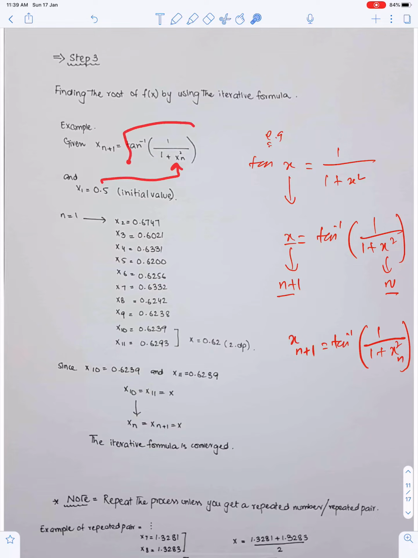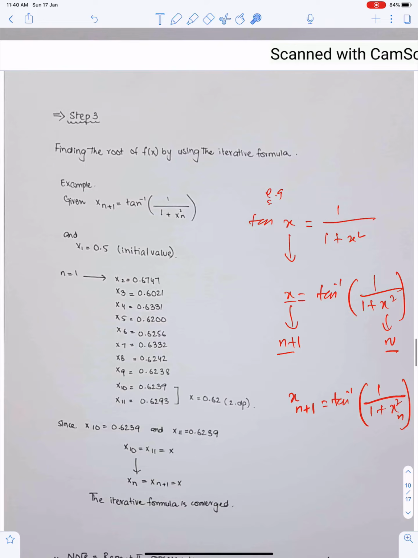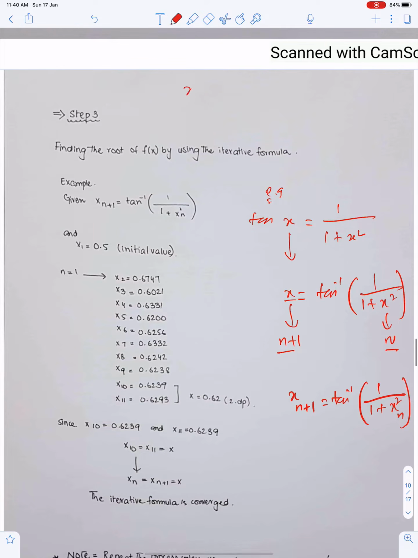When you check this in the calculator, you'll get this answer. Let me substitute this here. When n is 1, left side will become x2, equals tan inverse 1 upon 1 plus 0.5 square, because this will become x1.